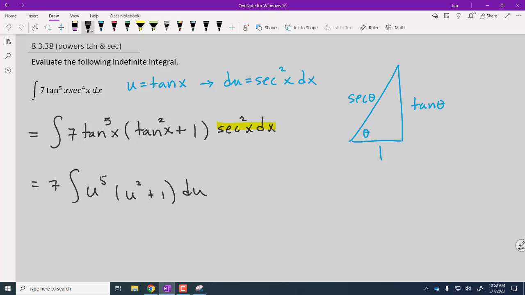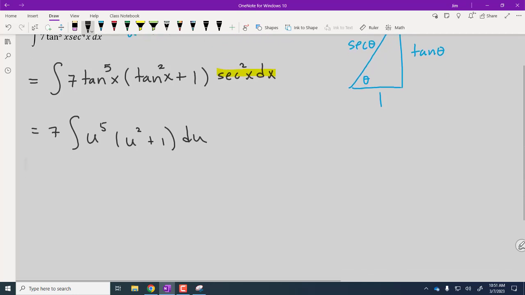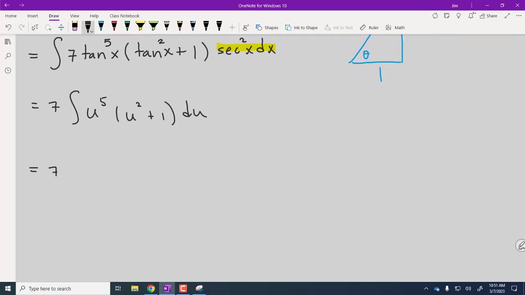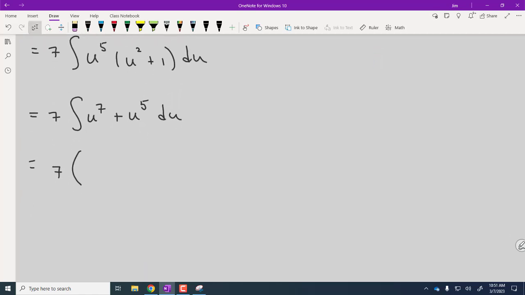And similar to the last one, we distribute and use the power rule. So once you've done your substitution, they all kind of unravel pretty nicely.